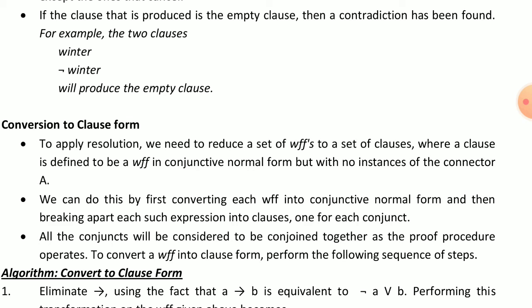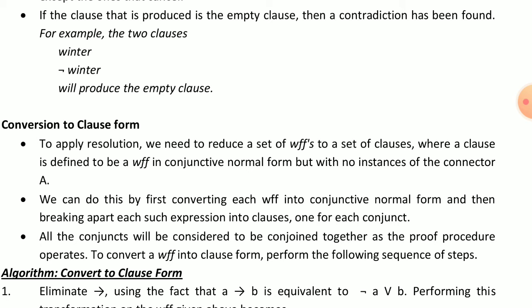Now we can do it by first converting the WFF, and then we can break the expression into different clauses. And then we can find out each conjunct and its meaning. Now all the conjuncts will be considered to be conjoined together as the proof procedure operates.